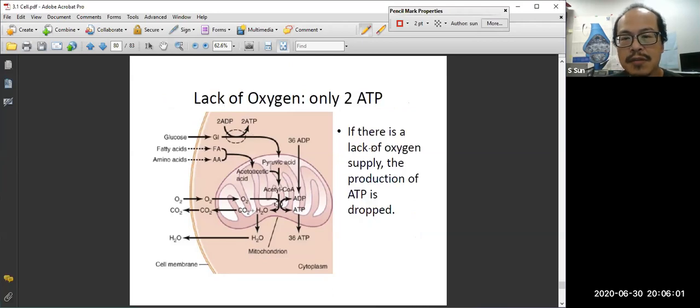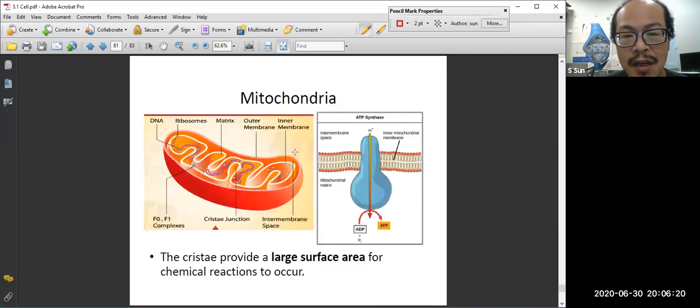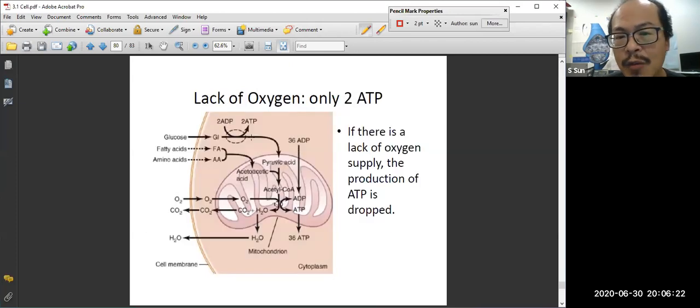So if there's no oxygen, this process is called anaerobic, a process with no oxygen. If there's oxygen, it's an aerobic process, right? With anaerobic, we only produce 2 ATP. So it's not efficient. It's very not efficient.